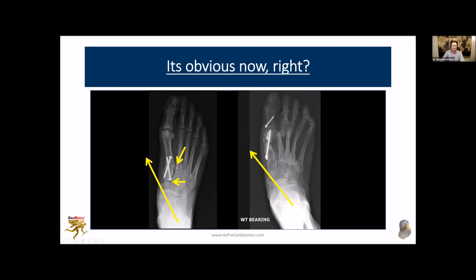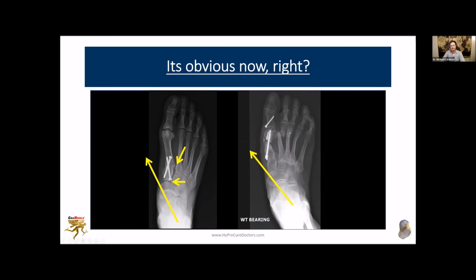So all of that force is going to now take place back here between the medial intermediate cuneiform joint and between the first and second metatarsal bases, and then back here between the navicular and the medial cuneiform. So that creates this diastasis over here, and we still have a problem.